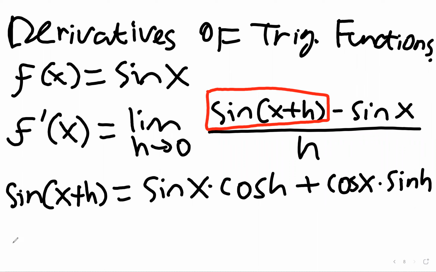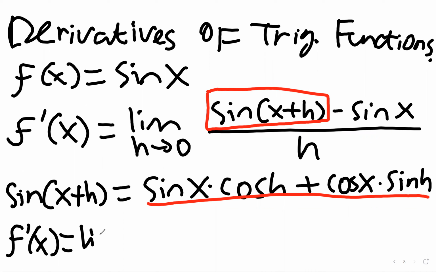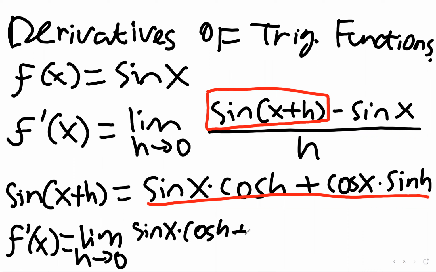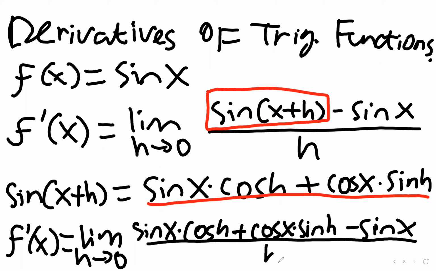So I will replace the box here by the following quantity. We'll have f prime of x equals the limit as h tends to 0 of sine x cosine of h plus cosine of x sine h minus sine of x, divided by h.